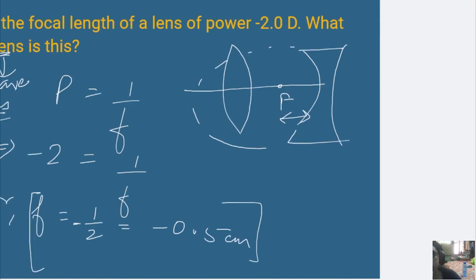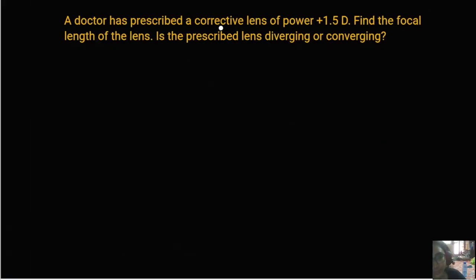Okay. A doctor has prescribed a corrective lens of power plus 1.5 D. Find the focal length of the lens, and is the prescribed lens diverging or converging? Okay, so when we talk about the defects of vision, it will be more clear as to what is a corrective lens. It basically corrects the refractive defect.